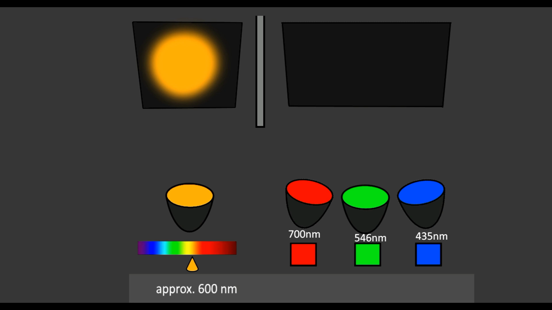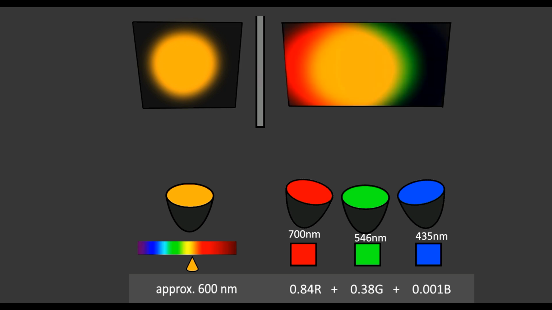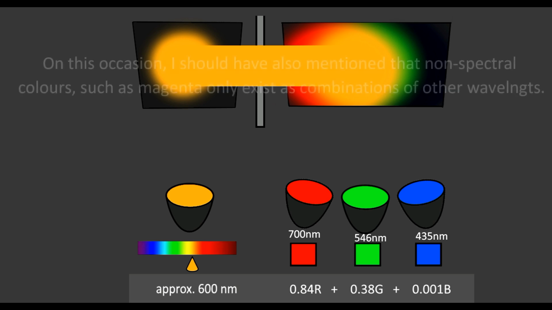Now, we adjust the intensity of each primary color to make sure that they stimulate corresponding cones to the same degree to which our 600 nanometer wavelength did. And we should get the same yellowish-orange color. And there we have it. The color on the left and the color on the right are metamers. They are made of different wavelengths, but they cause the same perceptual response.